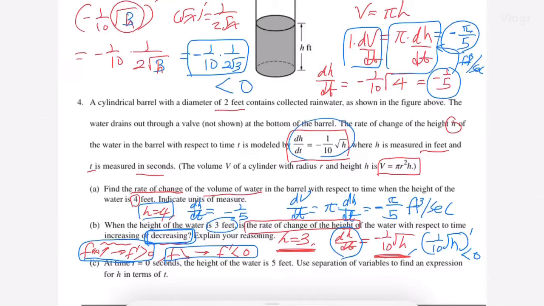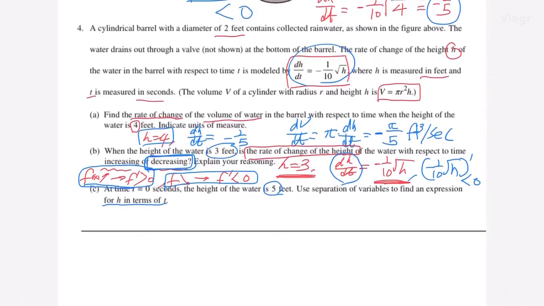At time t equals 0 seconds, the height of water was 5 feet. So use separation of variables to find the expression for h in terms of t, just to solve this differential equation. So I rewrite the differential equation over here: dh over dt is equal to negative 1 over 10 times square root of h.